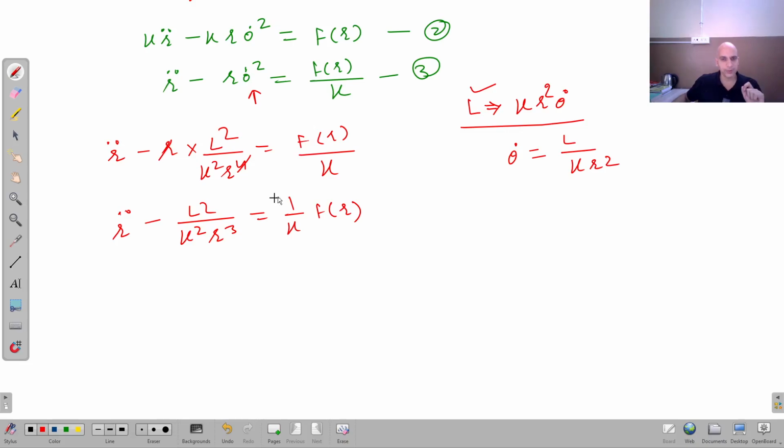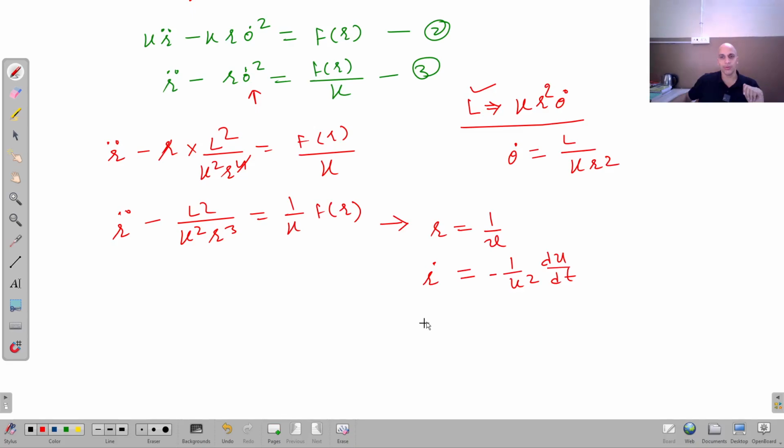Now let's take a substitution. r is equal to 1 upon u, not mu, remember, 1 upon u. Now I change this position coordinate r into a new coordinate u. So that will be r dash, and r dash means dr upon dt. It will become minus 1 upon u square du upon dt. Simply, this is the differentiation.